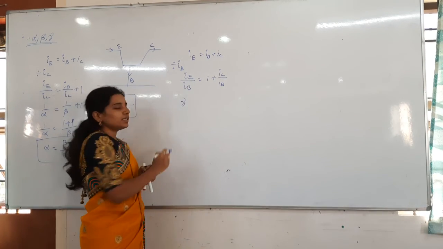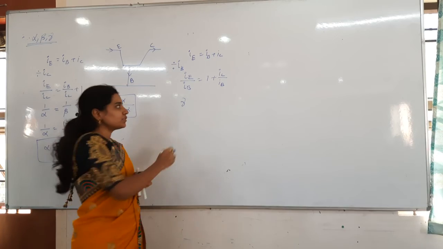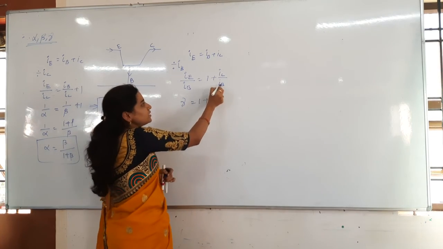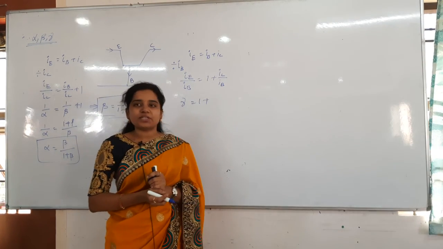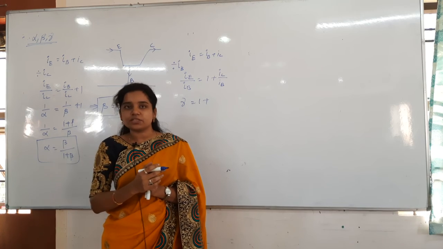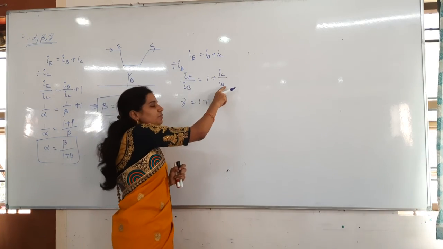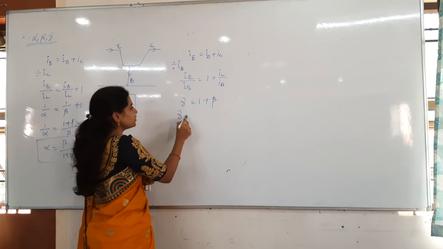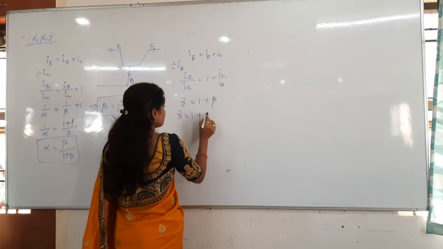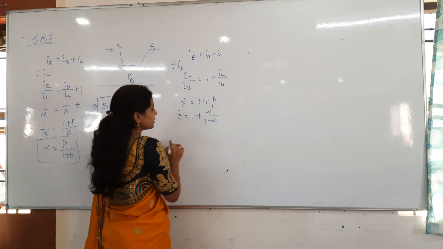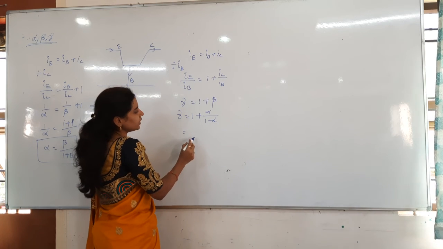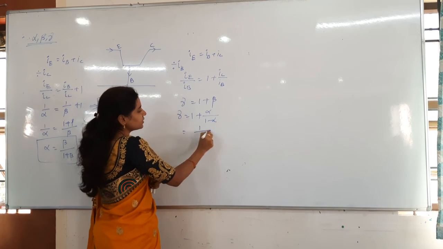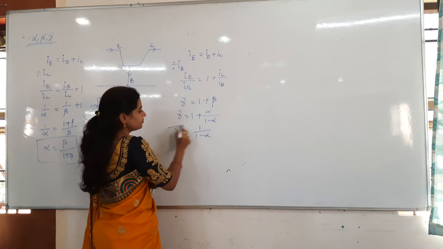So what will we get here? Gamma directly. That is equal to 1 plus IC by IB. Which combination? Emitter, common emitter configuration. In that collector is output, base is input, so what we got here is beta. Then gamma is equal to 1 plus beta, where beta is alpha by (1 minus alpha). Whenever you solve this, what will you get here? Alpha gets cancelled, 1 by (1 minus alpha).